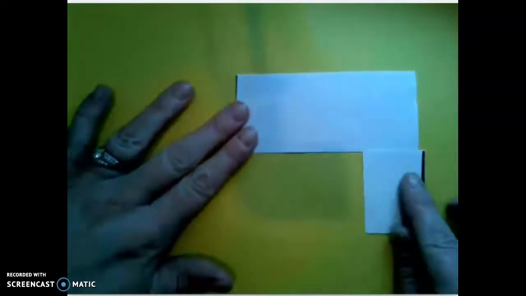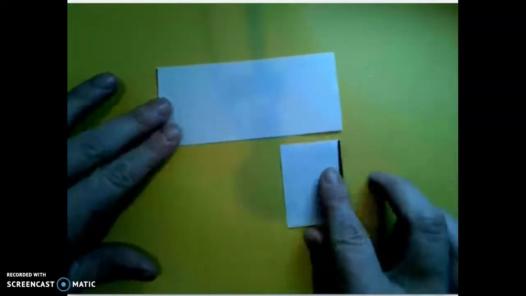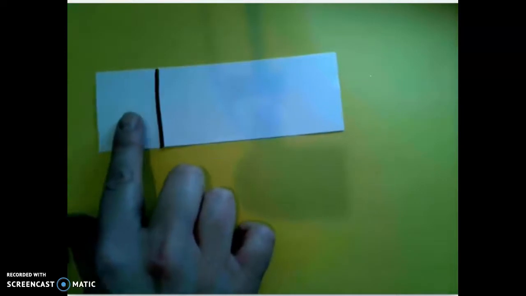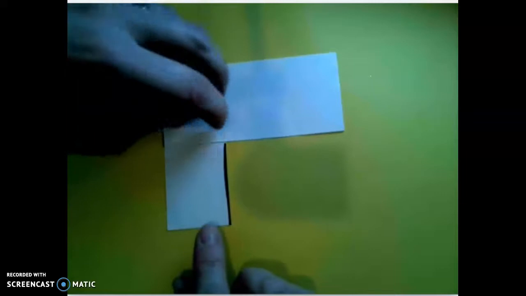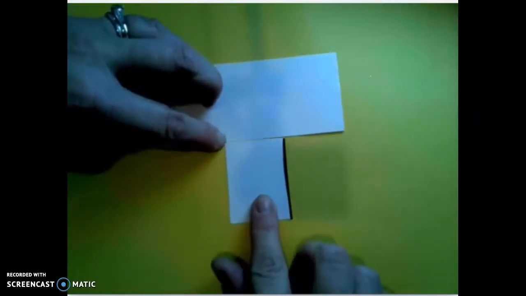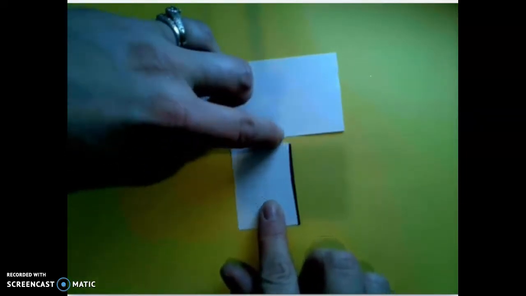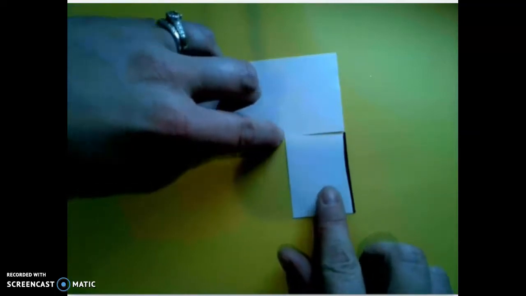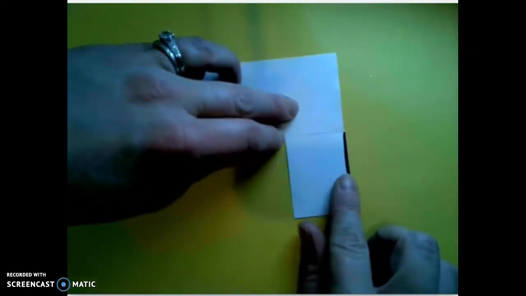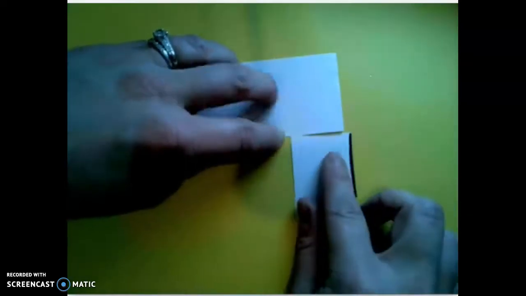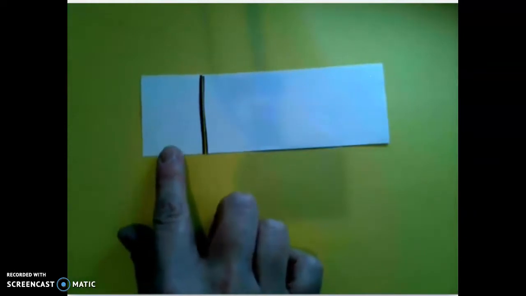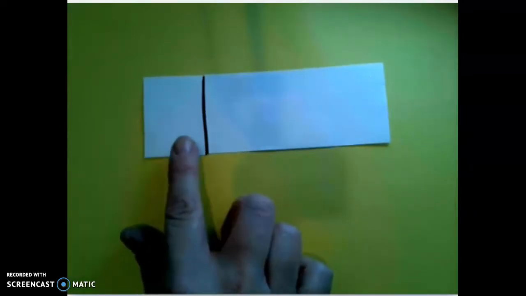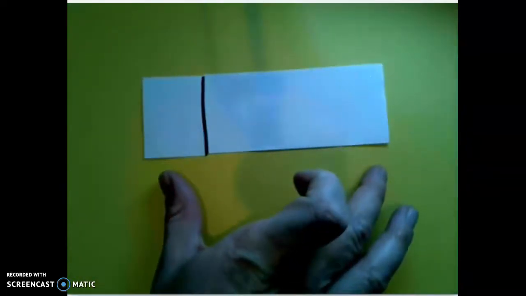So I can see that the part that I cut, and I'll show you again here, this was 1 part, 2 parts, I'll hold my finger in place, 3 parts, and 4 parts. So my part is just a little bit longer than this last part here, but I think that's pretty good. So my part right here is 1 part, 1 equal part out of 4 equal parts total of this whole.